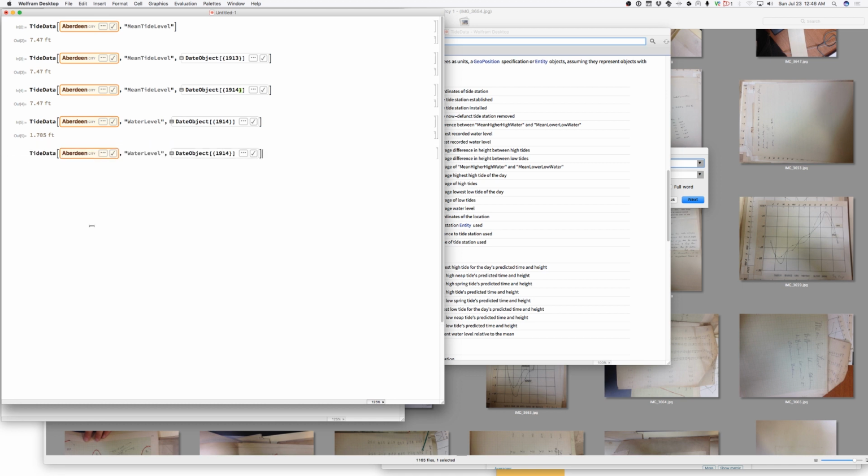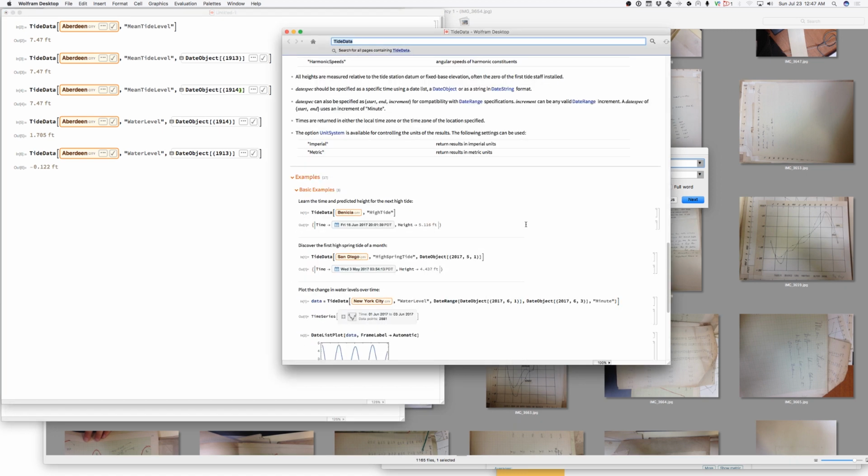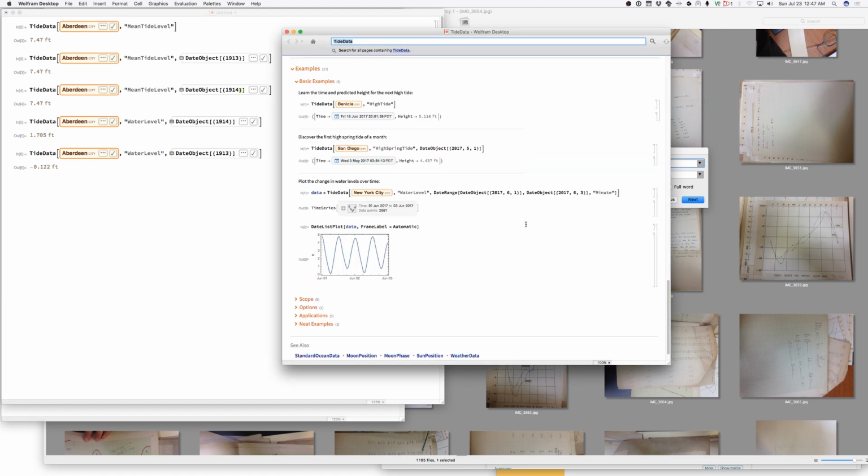Okay, well, let's see what happens if I just try 1913 here. I mean, this might be for January 1st or something goofy like that. Well, let's just see. When in doubt, look at the examples. Okay, so this is a date range. All right, so what we can do here. Okay, this is a good example.